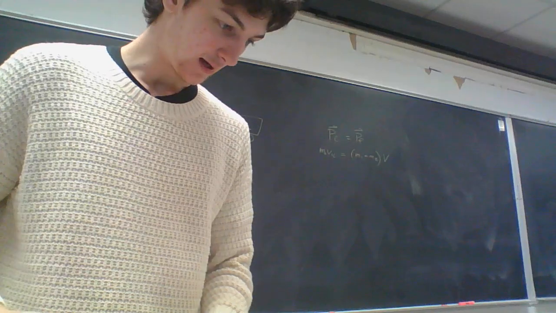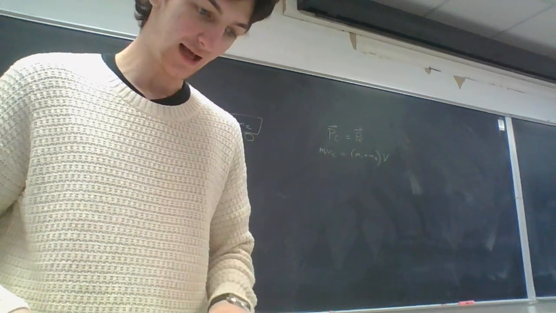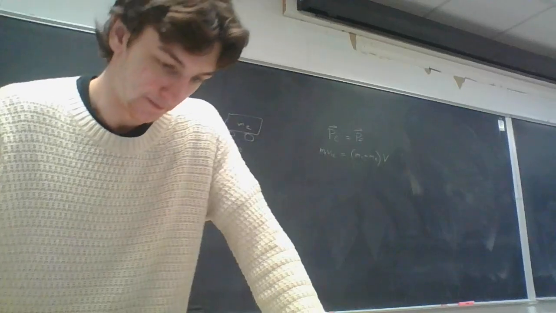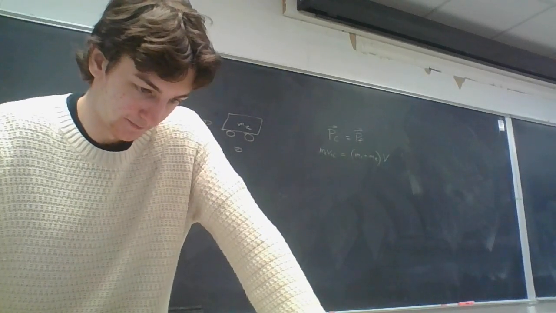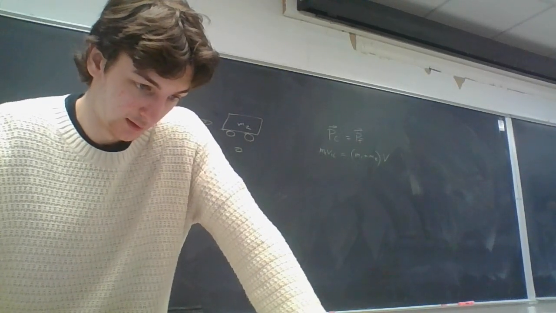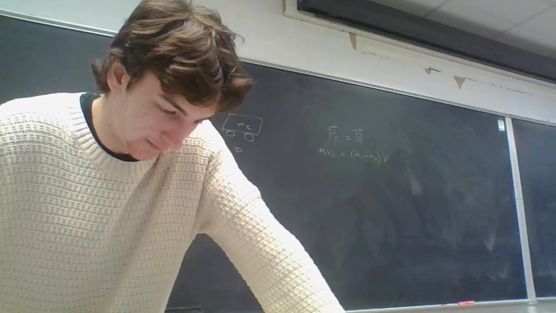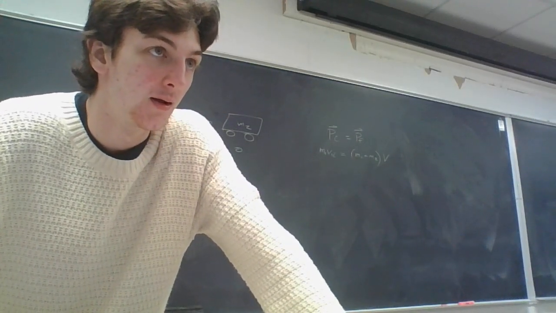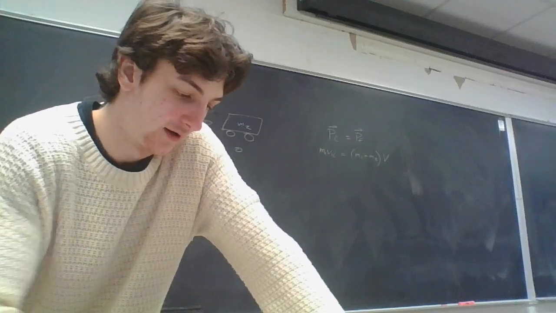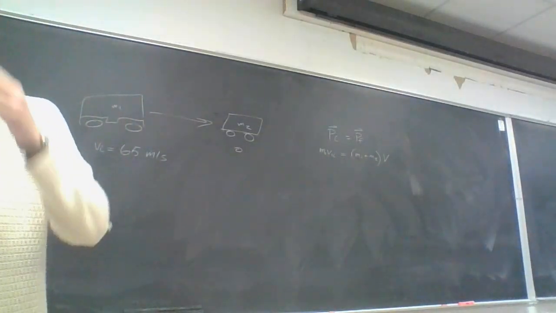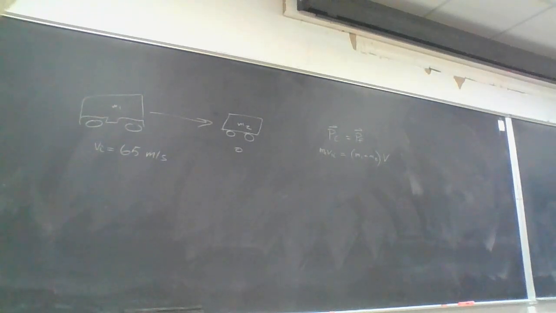Stuff like that. Now, elastic collisions are ones that conserve kinetic energy. So a perfectly elastic collision. Is there a difference between perfectly elastic and just elastic collision? Yeah, so there's no such thing physically as a perfectly elastic collision.